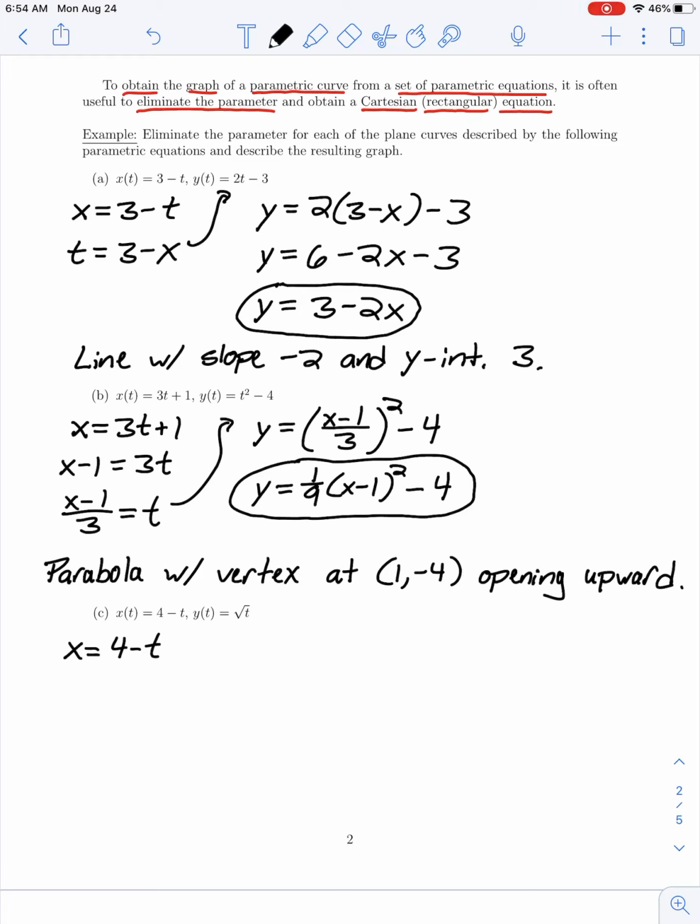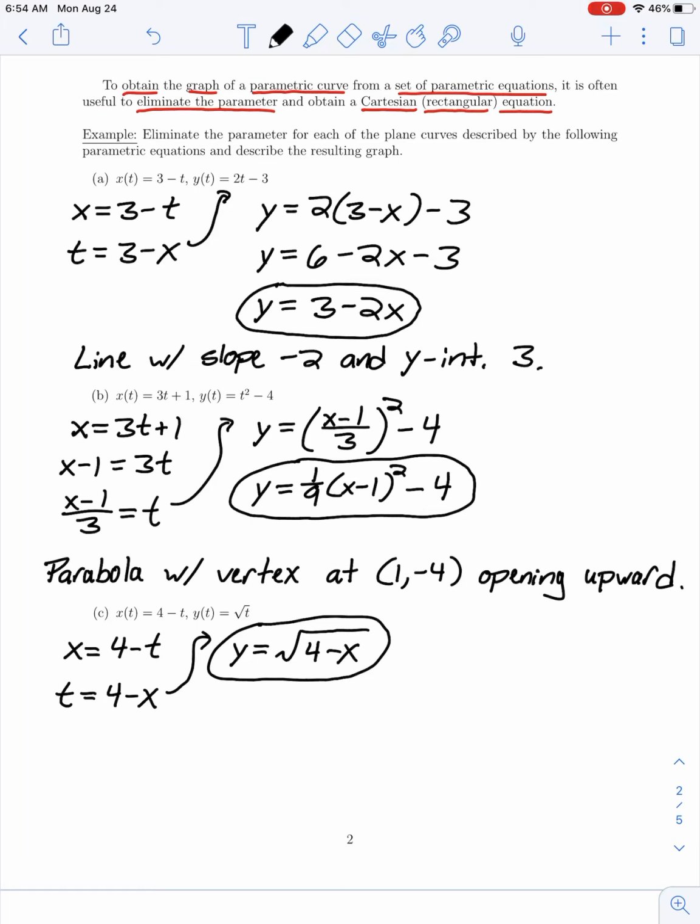So solving our first equation for t, we have t is equal to 4 minus x. And then I can take that and substitute it into my equation for y. y was the square root of t, but t is equal to 4 minus x. So we have the following equation, which is a rectangular equation for our parametric curve.